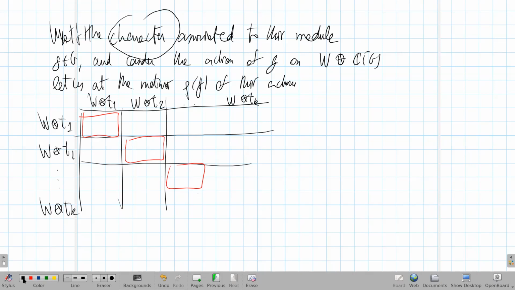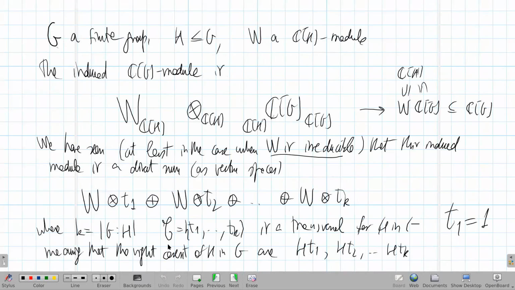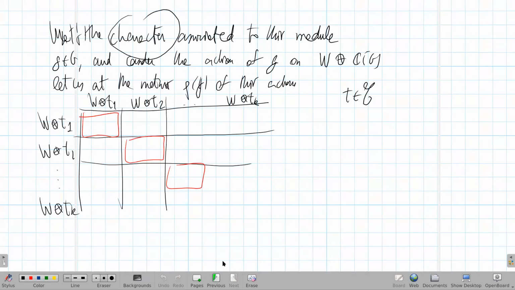Okay, so we take one of the t. So let t be an element of T. Remember, this script T is the transversal. The elements are T1, ..., Tk. But if I want to take an arbitrary element, I simply call it t. And let w be an element of W, and we wonder what happens when we apply g on this.